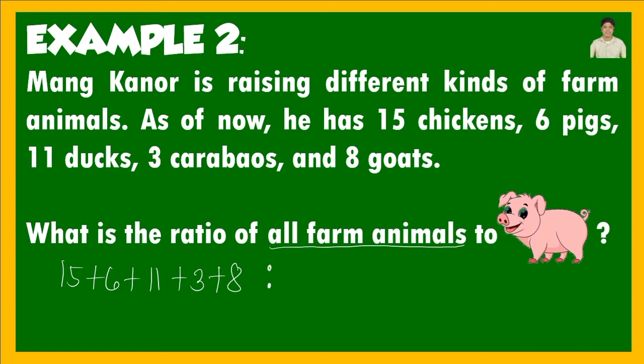The number of pigs is 6. So add lang natin 15 plus 6, we have 21 plus 11, 32 plus 3, 35 plus 8, 43. So 43 is to 6. So ayan, yan po yung ratio ng all farm animals to pigs.